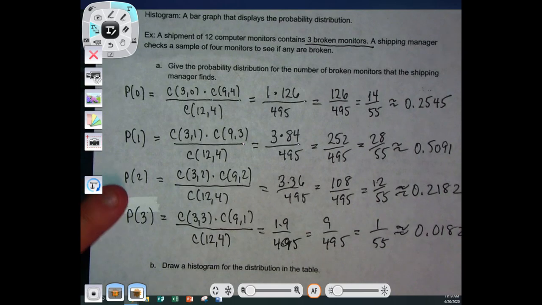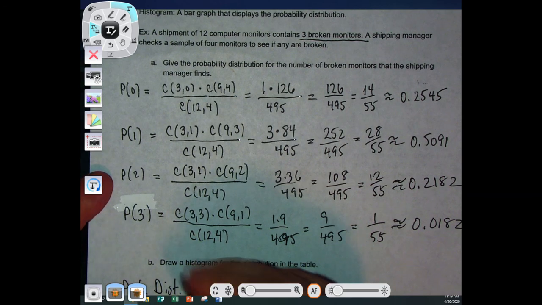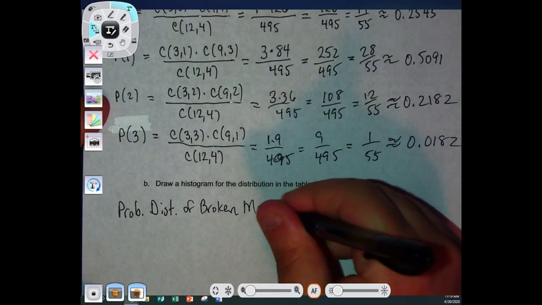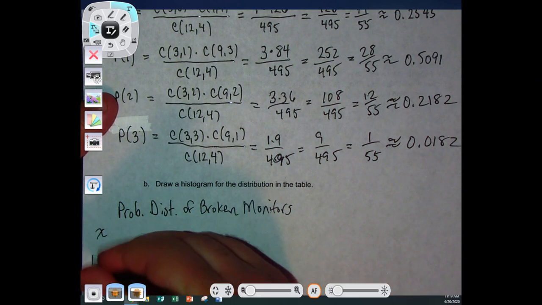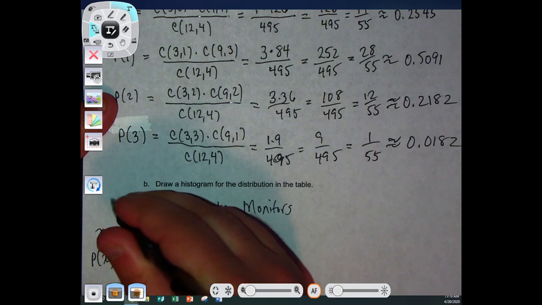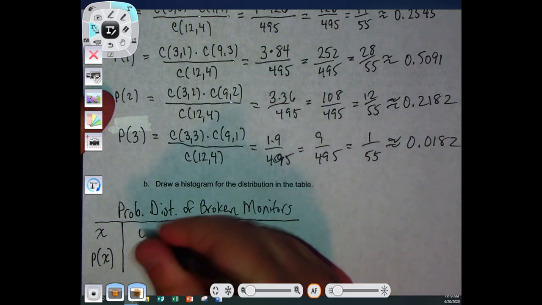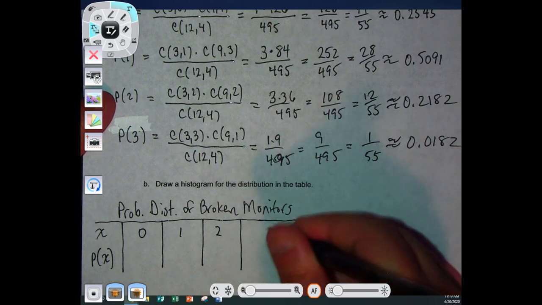So for our probability distribution of broken monitors, we have our X and we have our probability of X. So we had 0, 1, 2, and 3.